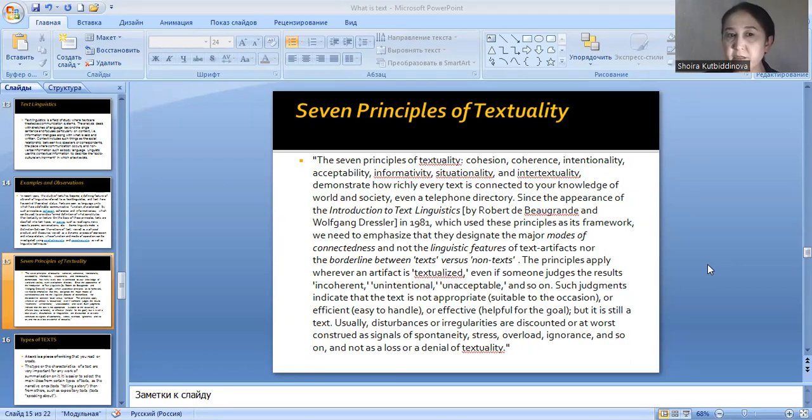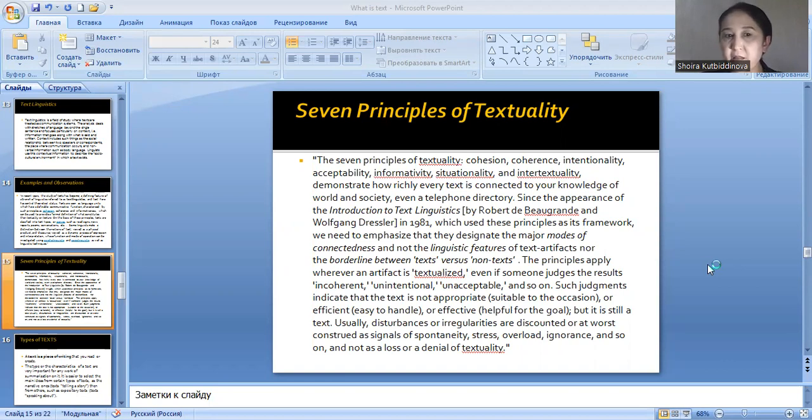The principles apply wherever an artifact is textualized, even if some judge the results incoherent, unintentional, unacceptable, and so on. Such judgments indicate that the text is not appropriate, suitable to the occasion, or efficient, easy to handle, or effective, helpful for the goal.